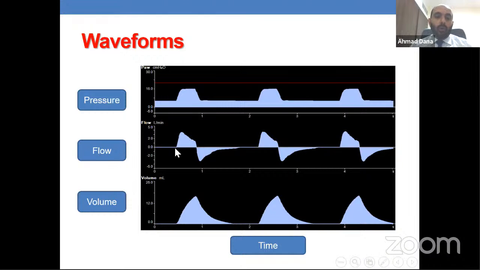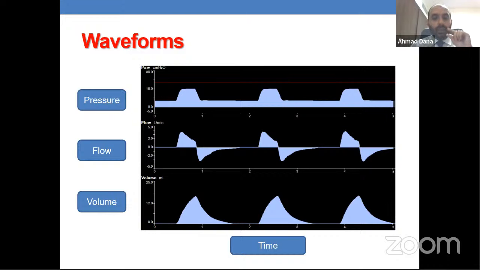So this is the pressure wave. Now the flow waveform. This is the air going in during the inspiratory time. It starts from 0 and ends at 0, because this is the flow of air going across the flow sensor, as we said.